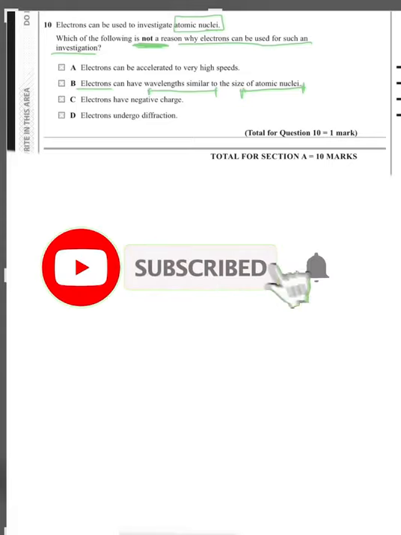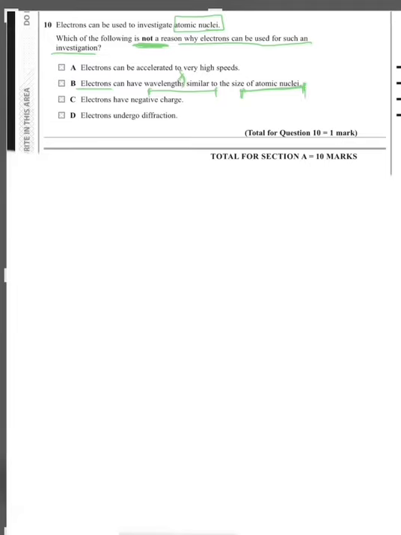For example, if an electron has a certain wavelength lambda, and if there is diffraction of the electron, then we would know that the size of the wavelength is equal to or comparable to the atomic nuclei size. So B is also correct. Electrons have negative charge.